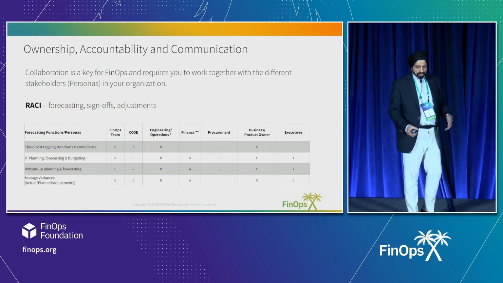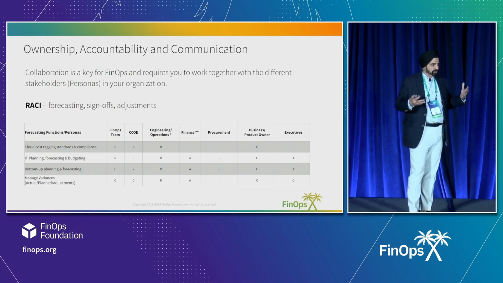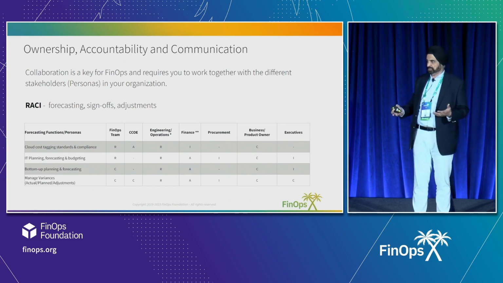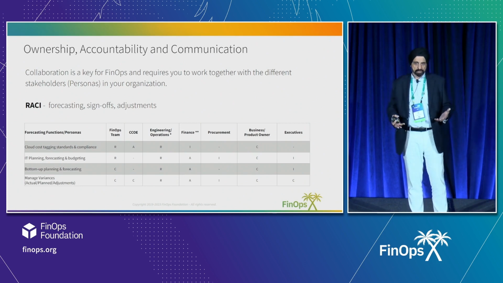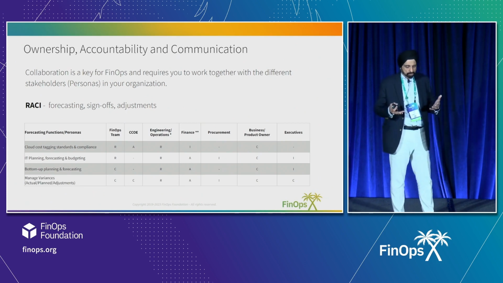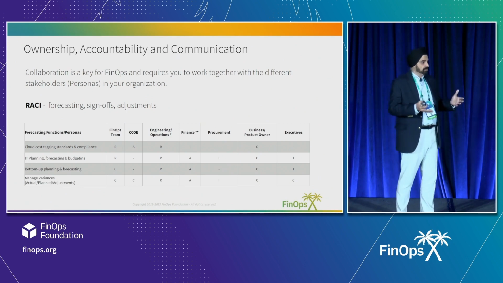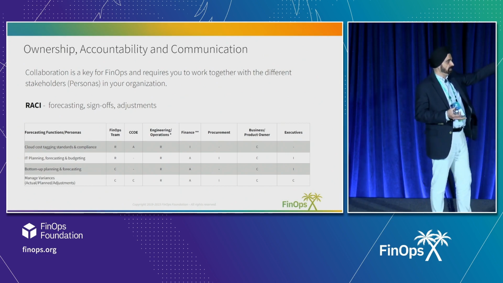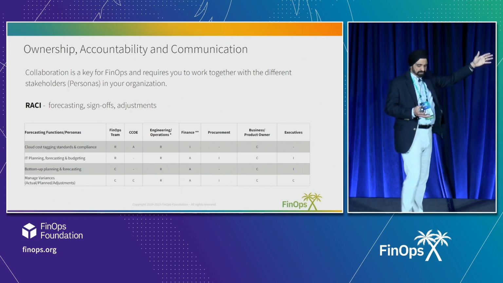Going through, the next one is, so again, we've done this, right? But it's a collaboration. The first thing of FinOps principles is you have to have collaboration. So you have to have the right stakeholders that you are going to work with, and you have to follow. This is the suggested RACI that I have, which we implemented in our previous company, where I was working at Cigna.